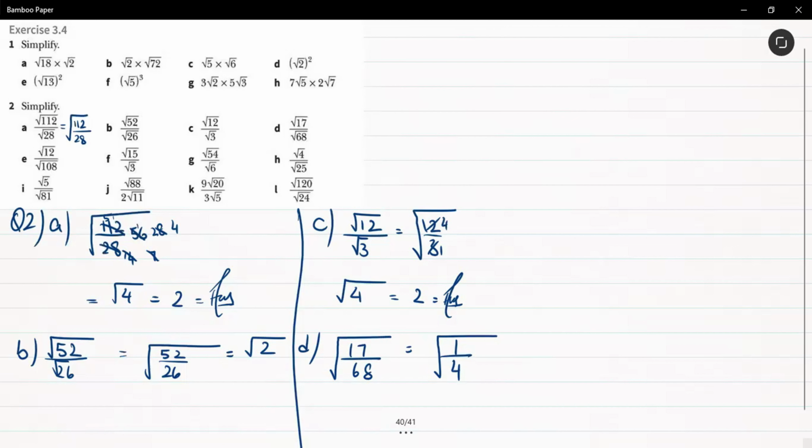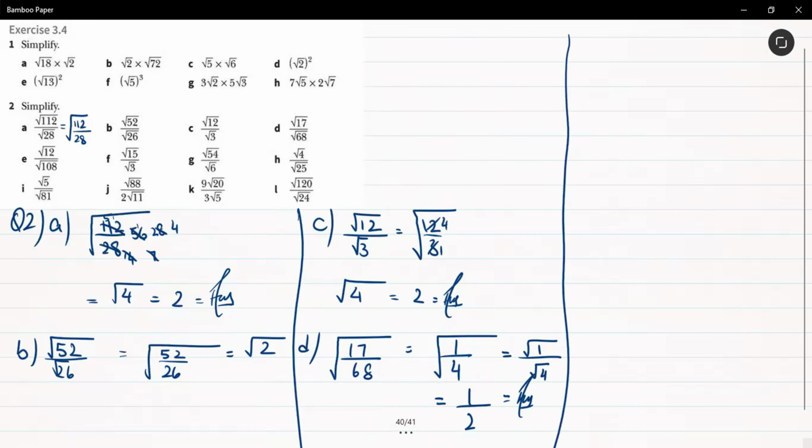Now the thing is, we can say under root 1 over 4 is equal to under root 1 divided by under root 4. And that's basically how we are going to simplify it. So under root 1 is actually equal to 1. And what's under root 4 equal to? It's equal to 2. And 1 over 2 would be our answer for part D. Simple. No rocket science, just basic concepts.